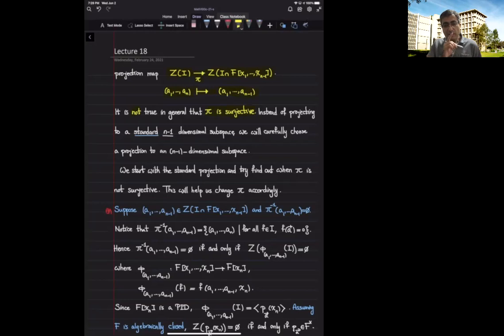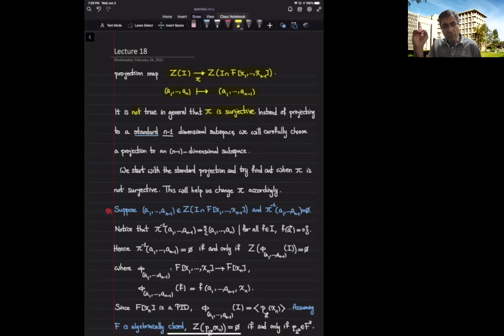So what we will do is to replace the standard n-1 dimensional subspace with some other n-1 dimensional subspace. We will choose it in a careful way so that this pi is surjective.